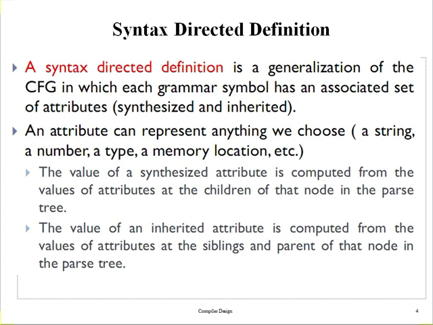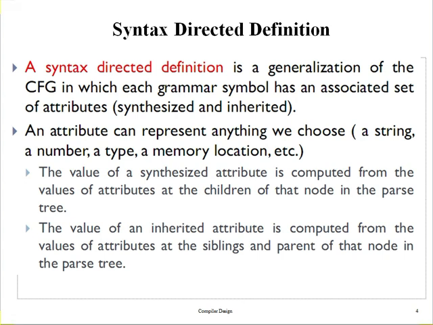So that's why it is named inherited. This inherited attribute is computed from the values of attributes of the siblings and the parent of that node in the parse tree.